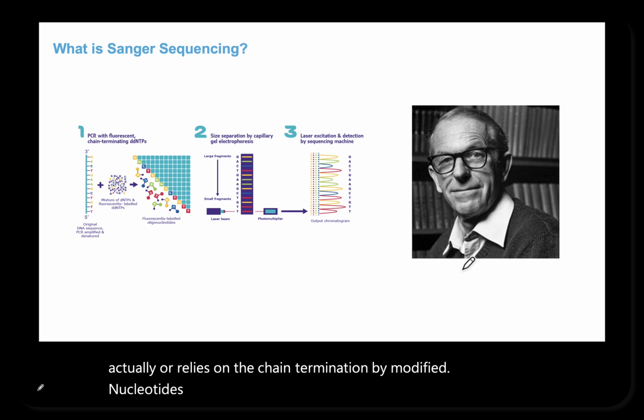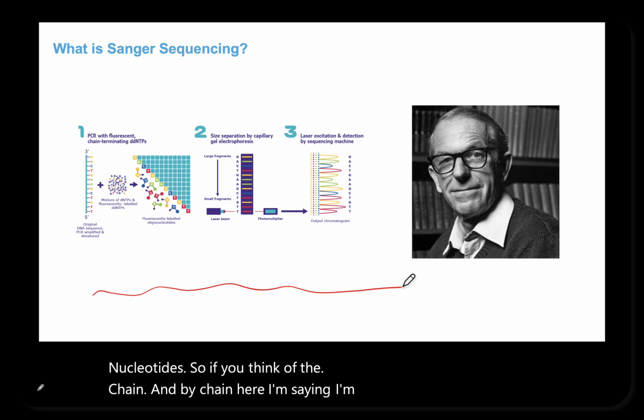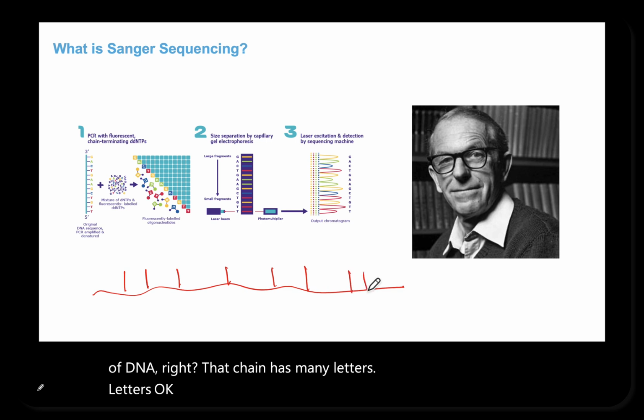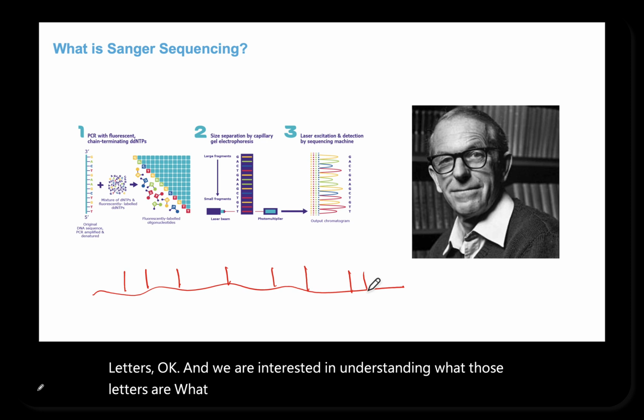So if you think of the chain, and by chain here I am referring to the strand of DNA, right? That chain has many letters, okay? And we are interested in understanding what those letters are, what those nucleotides are.